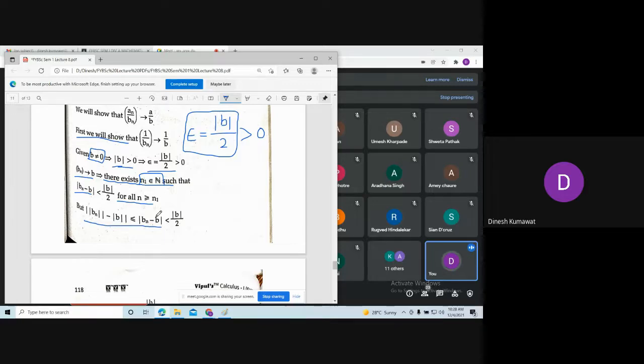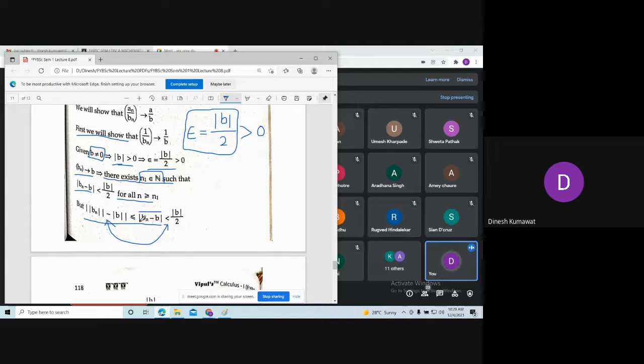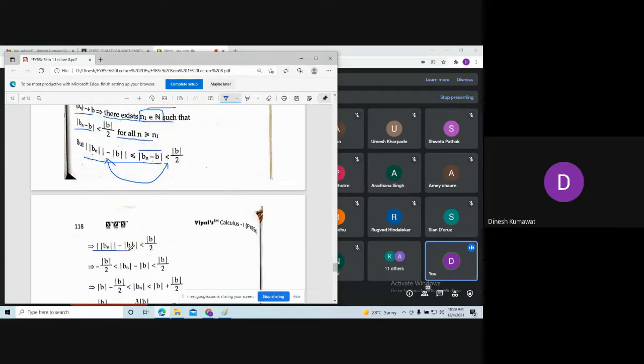So here we are using that inequality. And here we are having this modulus is strictly less than mod b by 2. So now we can combine these two statements. So here we can say that this mod is less than mod b by 2.